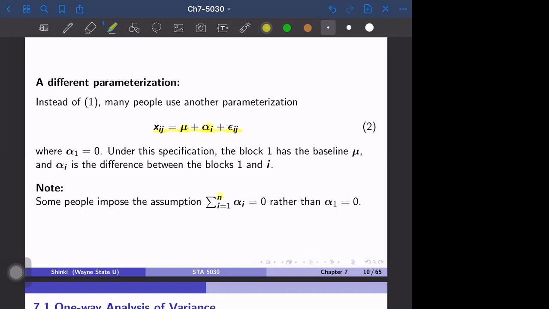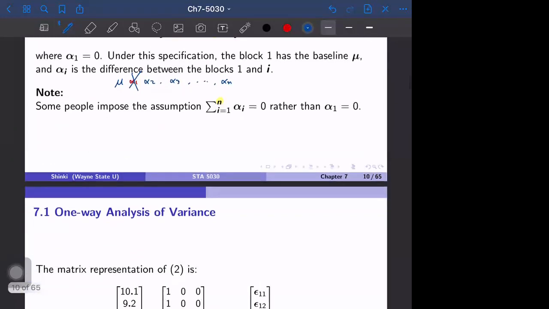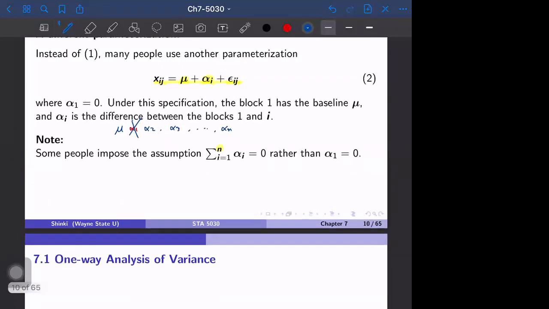So in this case, we use only mu and alpha 2, alpha 3 up to alpha n. So we don't use alpha 1. Otherwise, we have too many parameters, so we cannot identify the parameters.